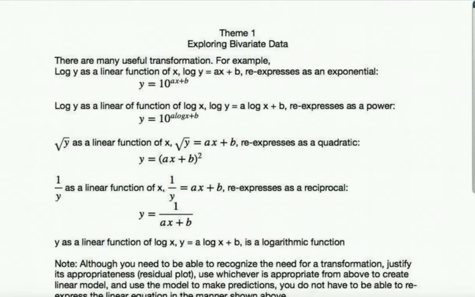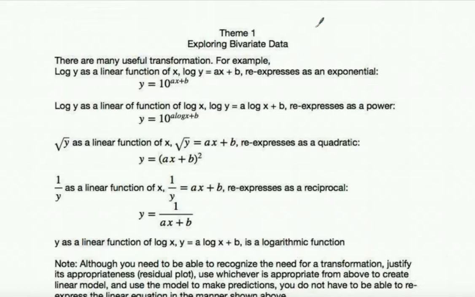Okay. There are many useful transformations that you can use. So for example, you can use log y as a linear function of x. And so your new equation would be, their predicted y value, or your predicted values would be log y hat equals ax plus b, and it expresses as an exponential.